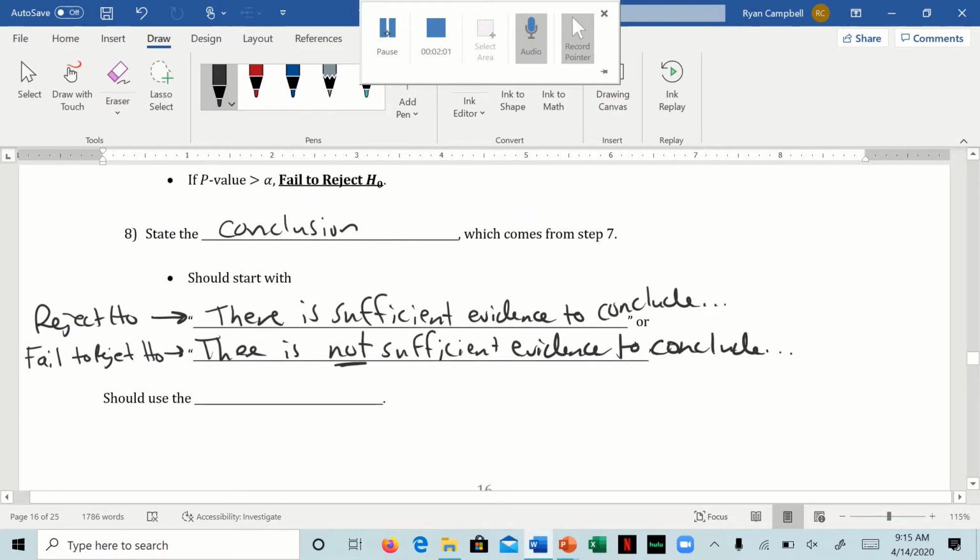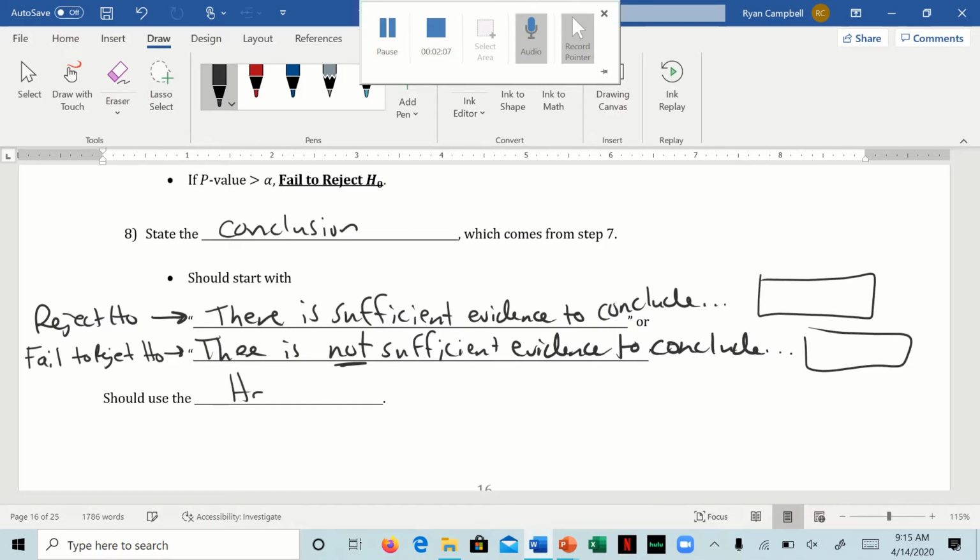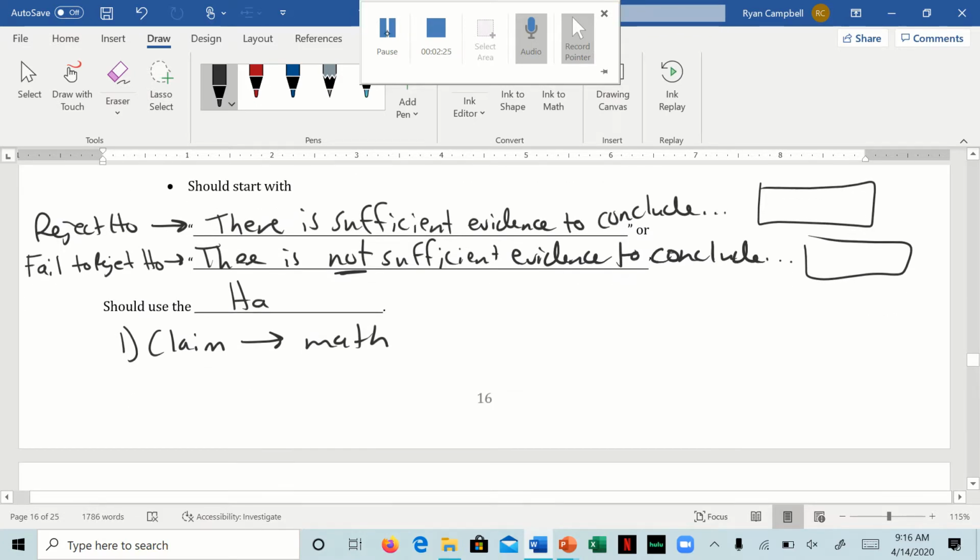All right, and whatever this part is typically comes from your HA. So we should be using our HA. So remember, step 1 was turning the claim into math, and then step 2 was the counterclaim into math.